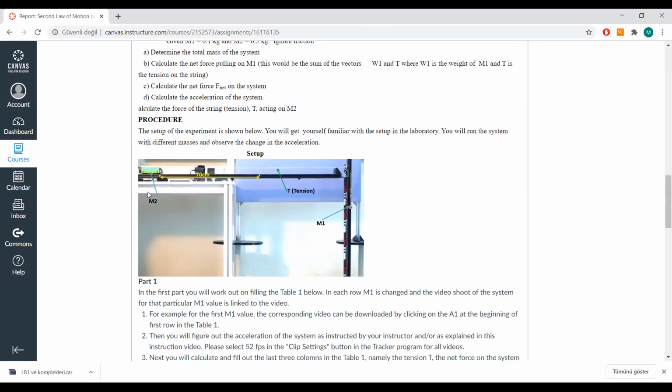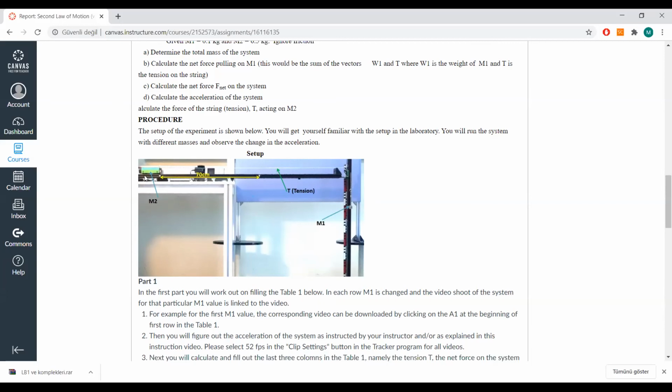The cart lies on a frictionless track. The m2 mass is pulled by the tension in the cord, and the weight of the m1 mass constitutes this tension force.